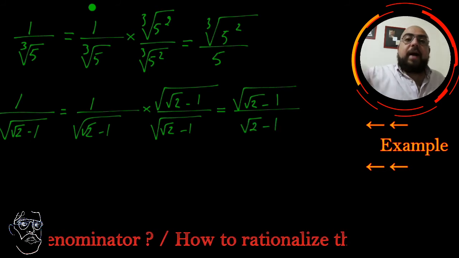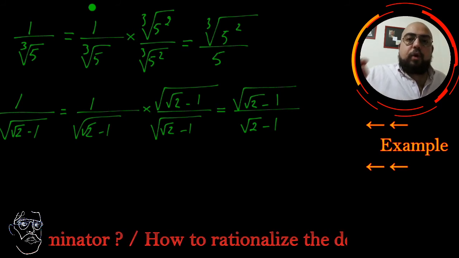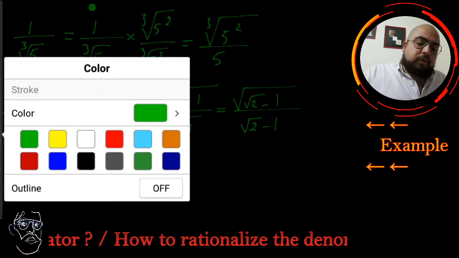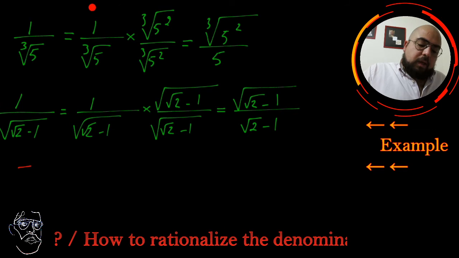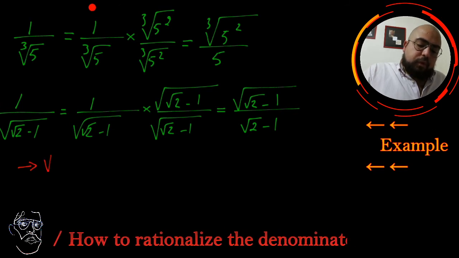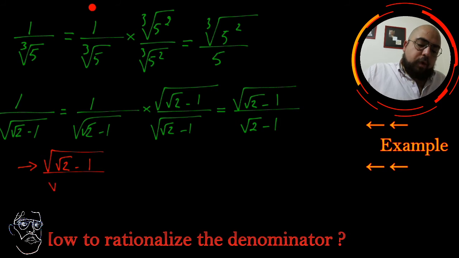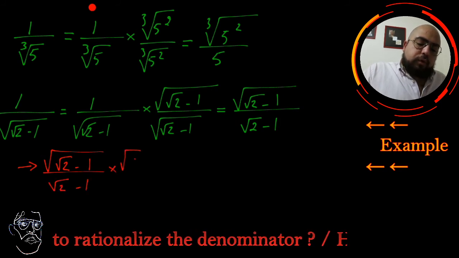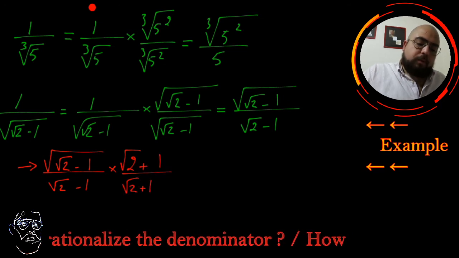Now I still have a radical, a square root at my denominator. So I will have to multiply by the conjugated part. So I'm going to take square root of 2 minus 1 over square root of 2 minus 1 times square root of 2 plus 1 over square root of 2 plus 1.